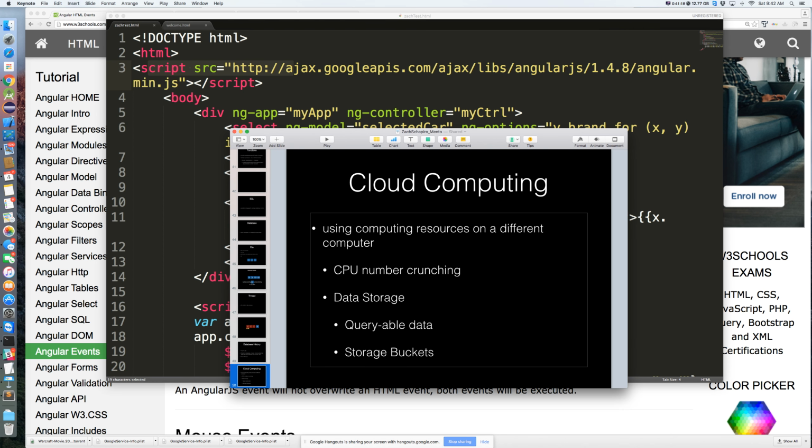When we just need to store a big picture that we're going to come back and get later, we don't care about being able to query it. We'll remember the name of that picture someplace else. We just want the storage bucket, and usually this is cheap for lots of storage.